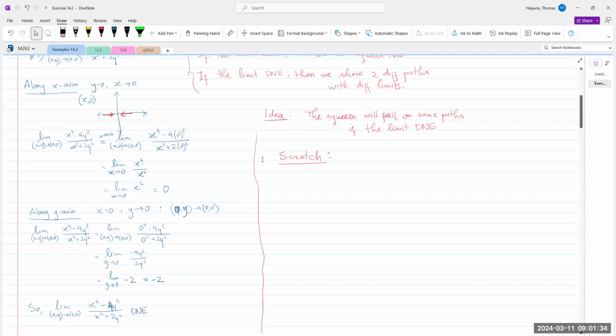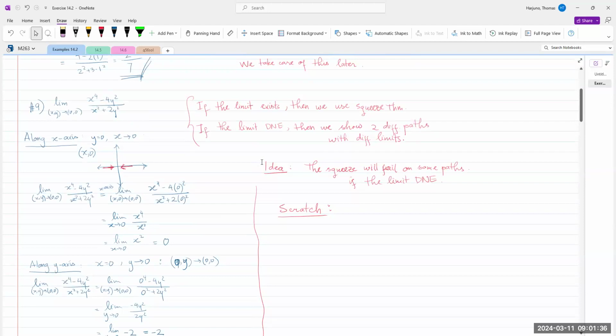But I hope that once you do some exercises, you stare at that limit question first and think of some simple paths like along the x-axis and along the y-axis. Usually that gives you the idea already, without doing scratch work.